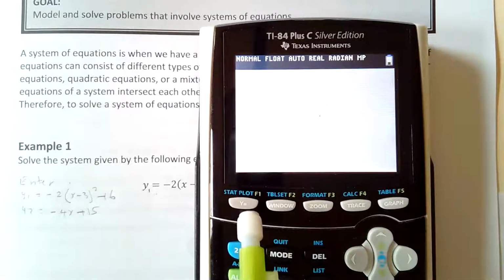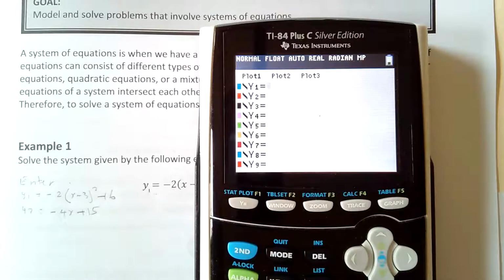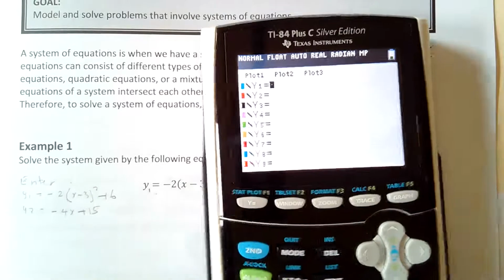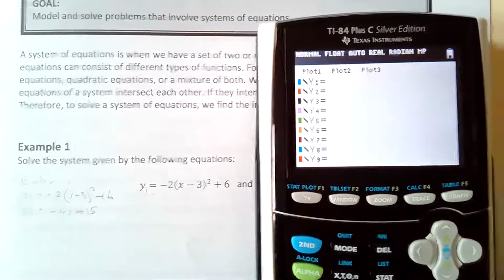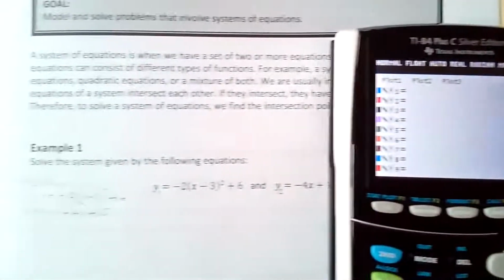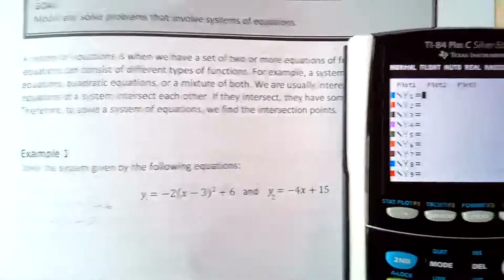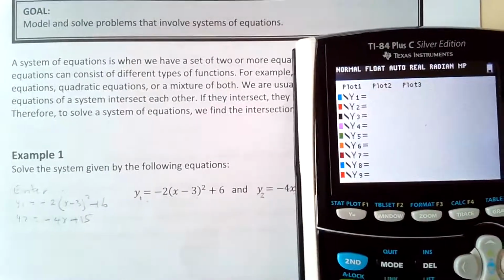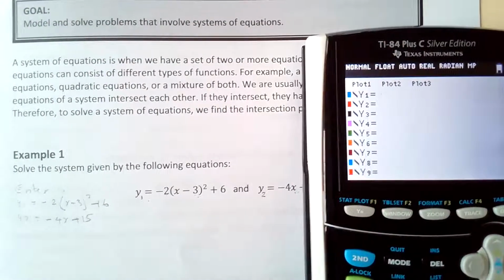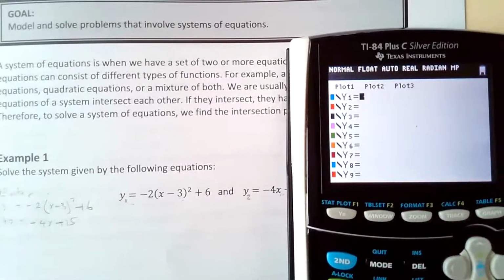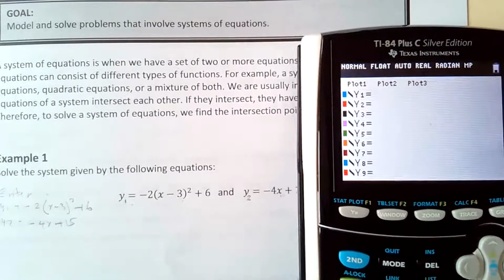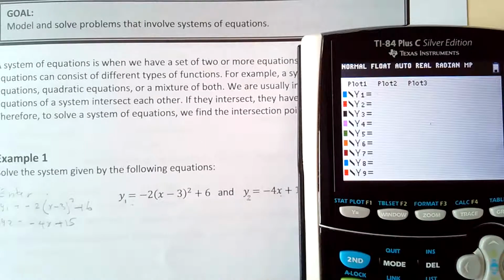So for the first one, we go to the y equals button.